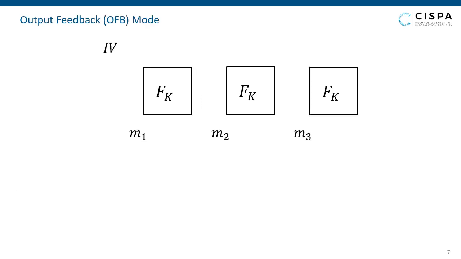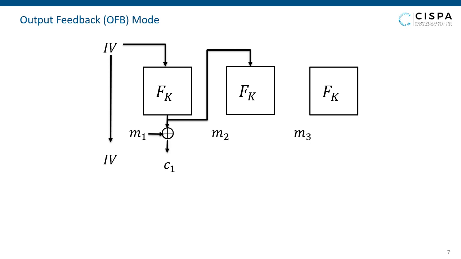Next, there is the so-called output feedback mode. How does this work? Again, we have an initialization vector, and this initialization vector will be part of the ciphertext. So in the first round, we feed the initialization vector into FK and XOR the result on top of M1 to get C1.